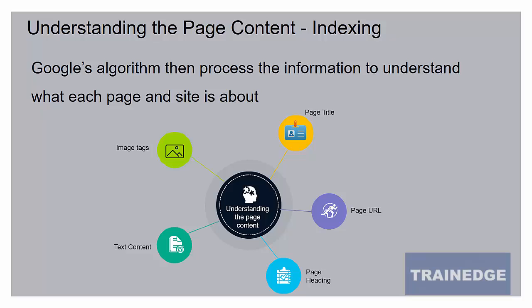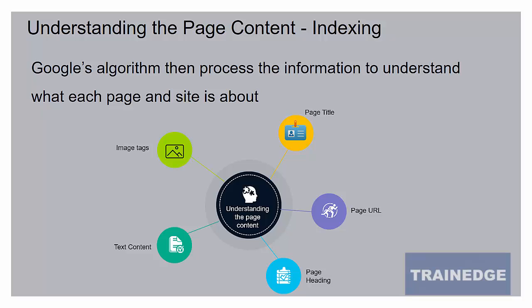The alt text was originally designed to be displayed on the page in case the image failed to load because of speed issues or some technical issues. So if the image does not load on the page, the browser will display the alt text in its place. So the user can read the alt text and understand what image was supposed to be here.